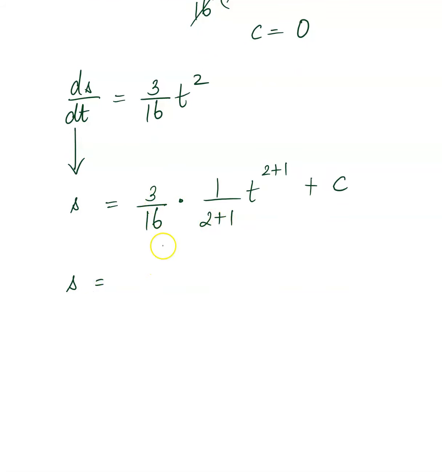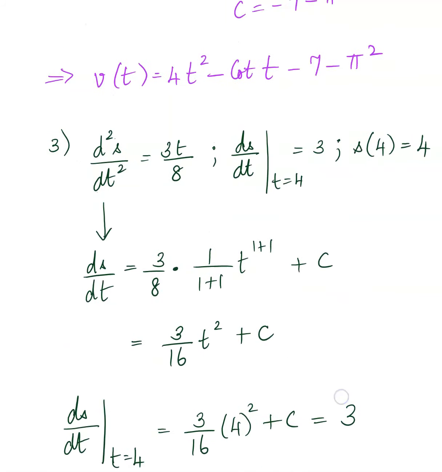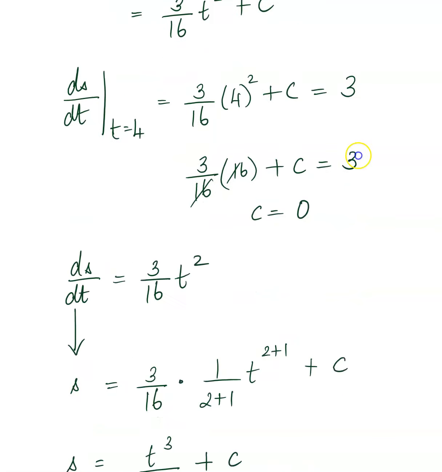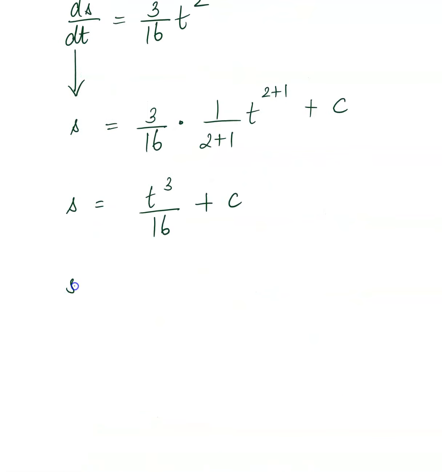So the 3 and the 3 will cancel, so I have t cubed over 16 plus c. Now we are given s of 4 equals 4. So to use that crisp notation, I'll say that t is 4. The whole equation is equal to 4.